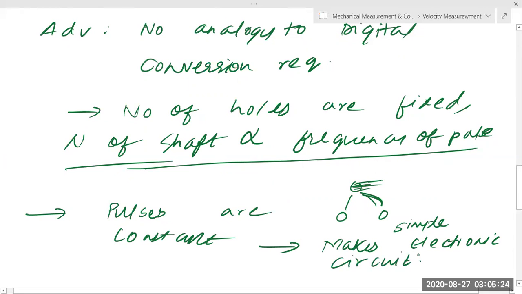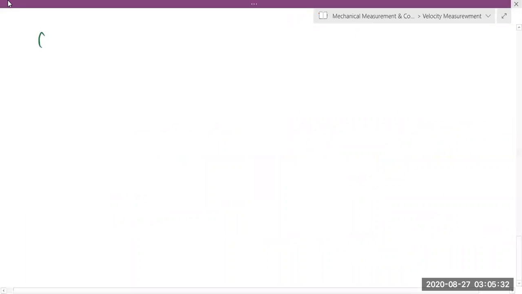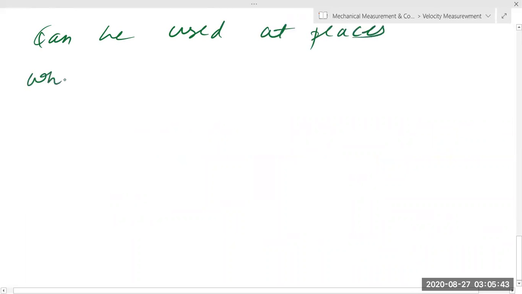Now, before I state a major disadvantage, it is very beneficial because one more advantage is that it can be used at places where contact of the tachometer with the shaft is not possible.